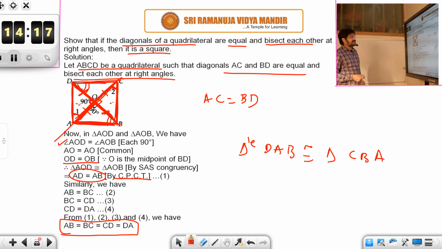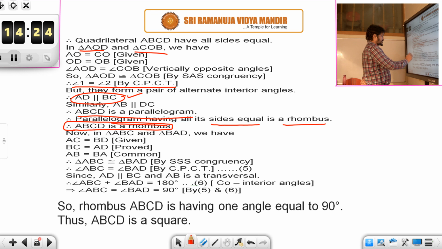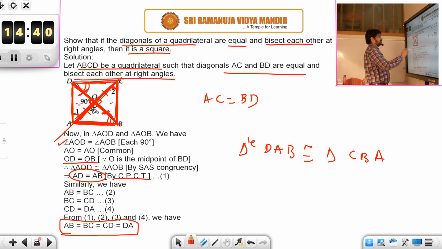These two are congruent triangles by SSS congruency. So if these two are congruent triangles, using the converse property of congruent triangles, you could say that angle ABC will be equal to angle DAB, right?